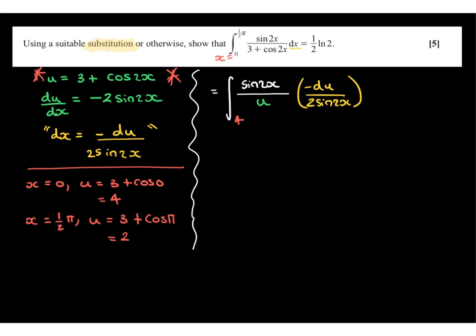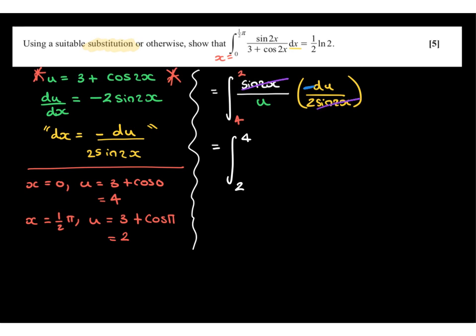So notice my upper limit is lower than my lower limit. But because I have a negative sign here, I can switch the limits and then negate the integral, which effectively gets rid of the negative sign. So I then end up with this. Remember, we're going to get a nice cancellation of sine 2x here.